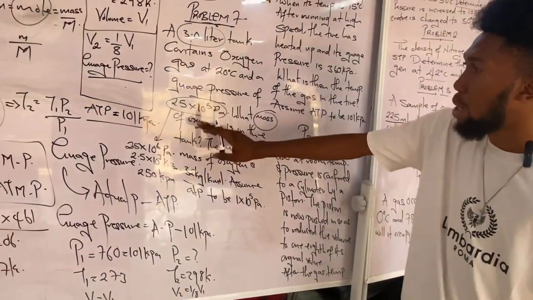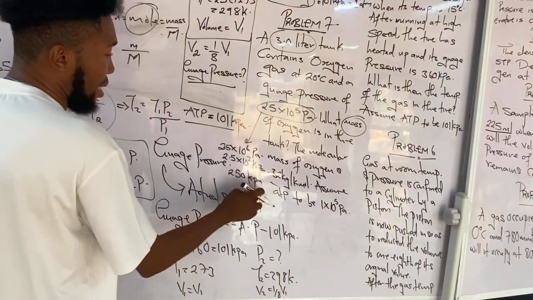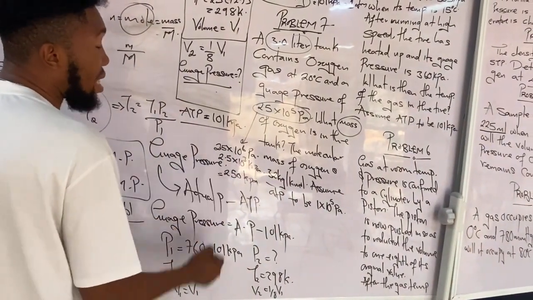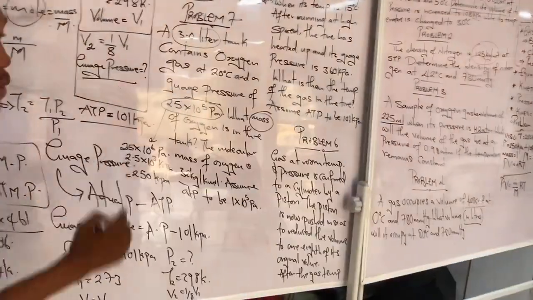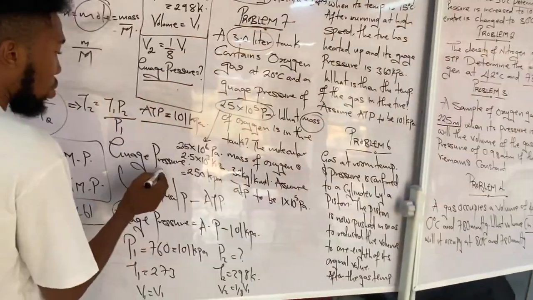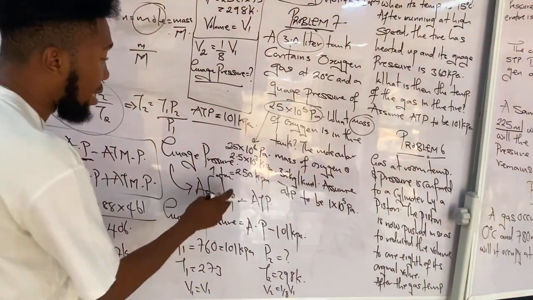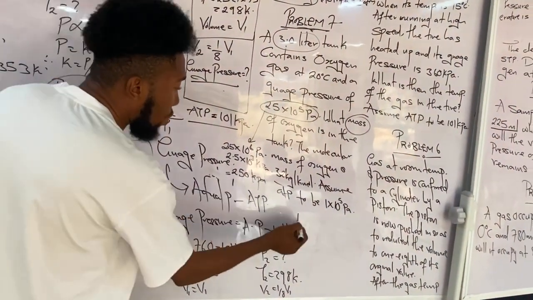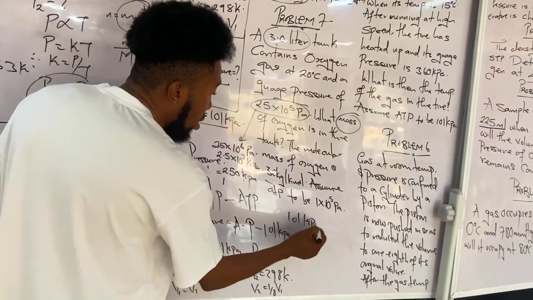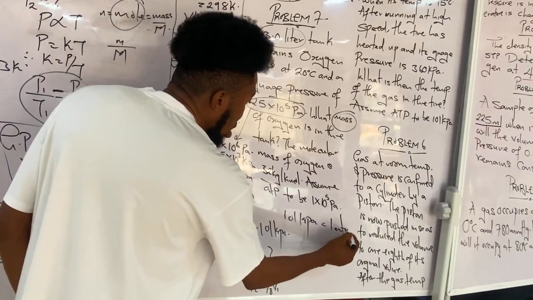So what am I trying to say now? This 250 kilopascal, we know it is equivalent to how many atm? We know that 101 kilopascal is equivalent to 1 atm.